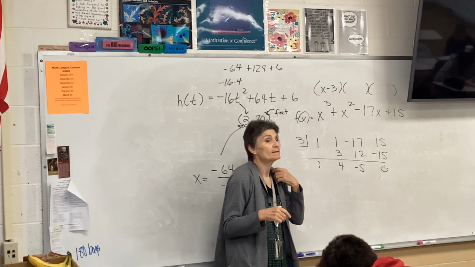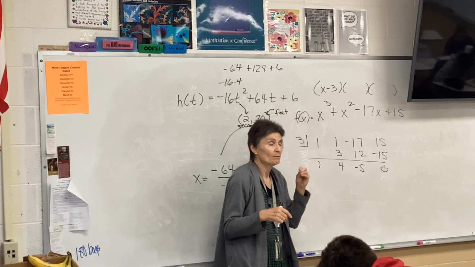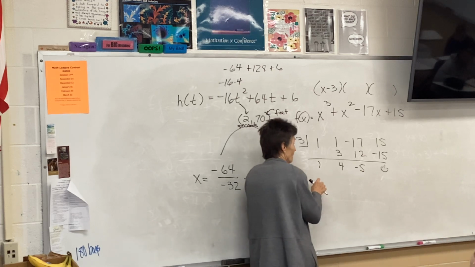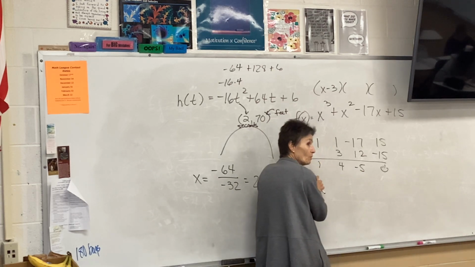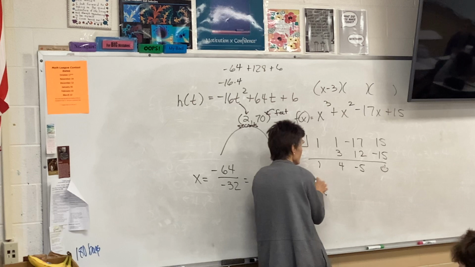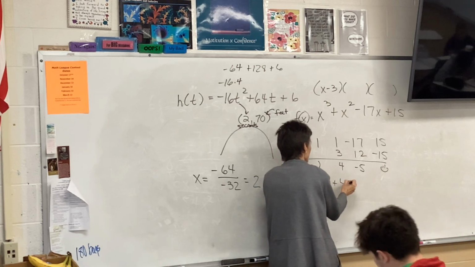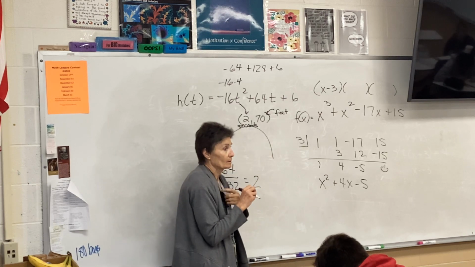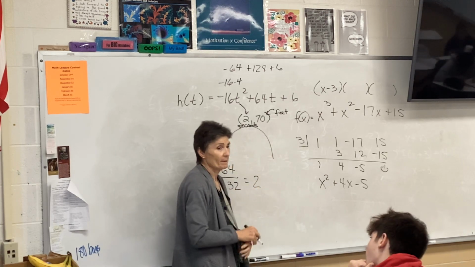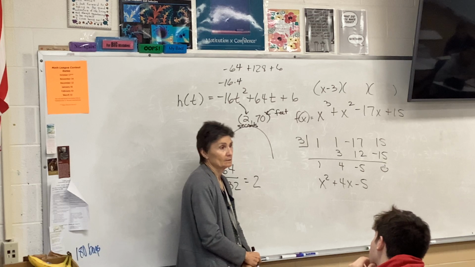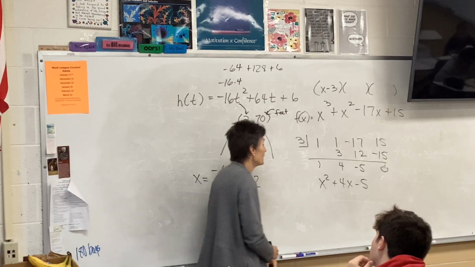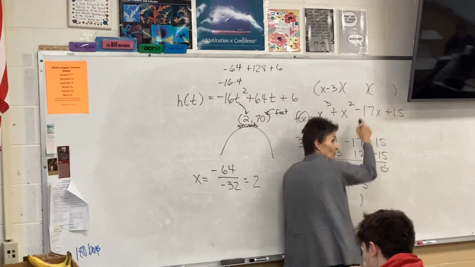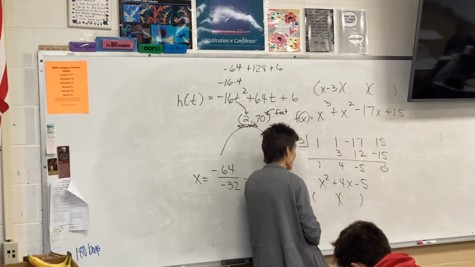What do I care about though? I don't really care about the 0. I knew that was coming. What do I care about? The leftover, what we call the quotient. So that's gonna be x squared plus 4x minus 5. What am I gonna do with that? Factor it. And guess what? When I factor that, isn't that gonna be my other 2 factors? That's gonna be my answer.